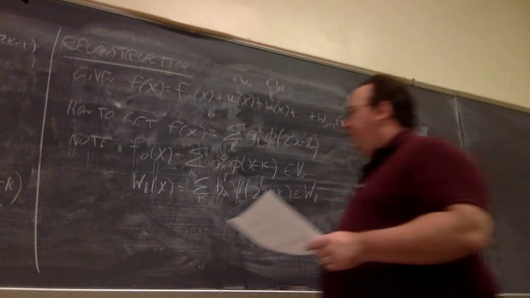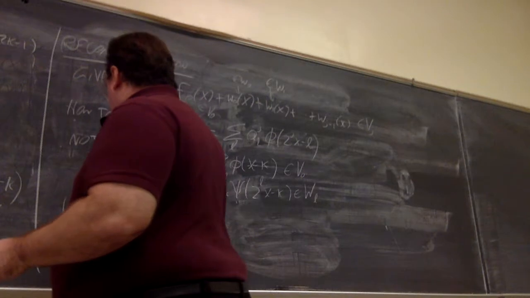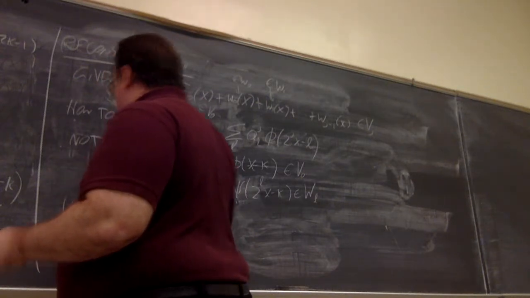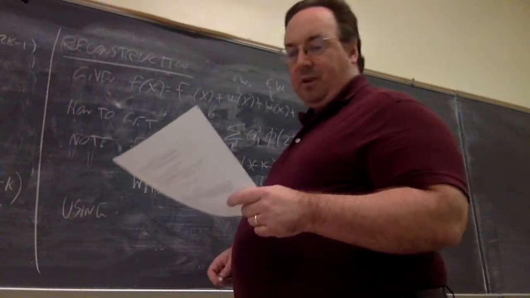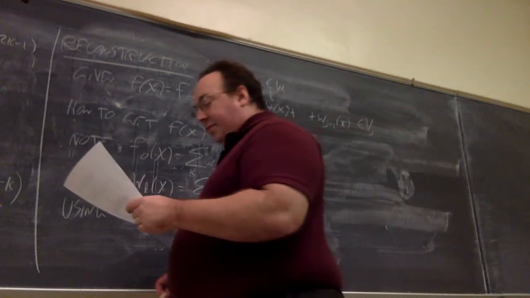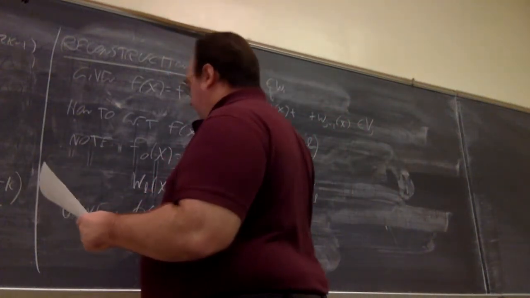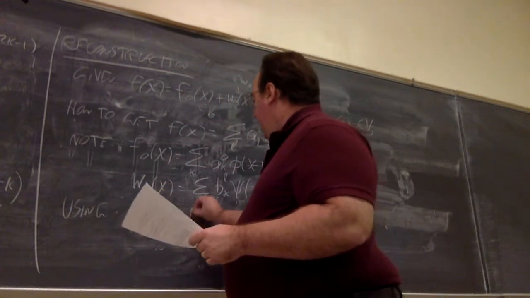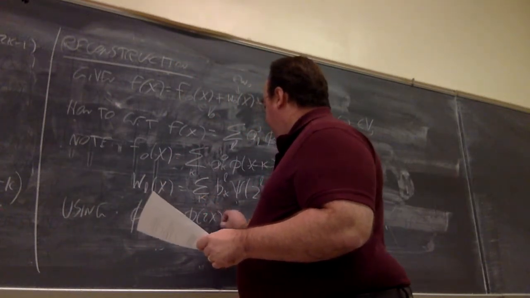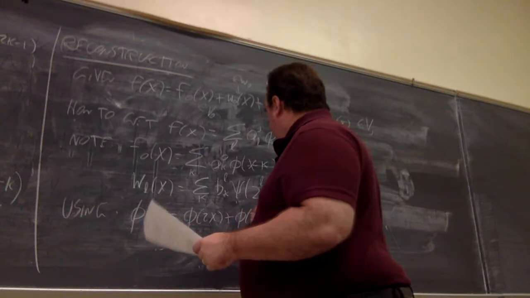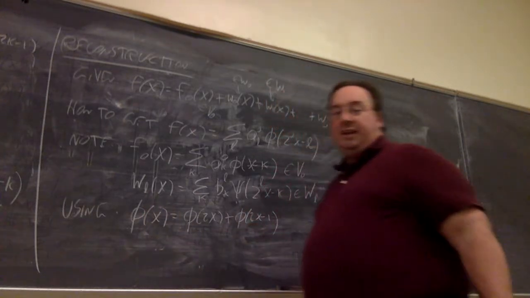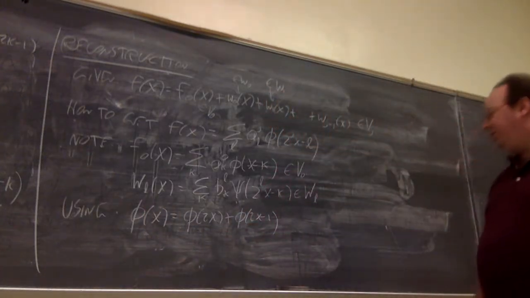What we're going to use are similar equations to what we had before for a decomposition, just going in reverse. So I can write the scaling function as a sum of scaling functions at the next finest level. And again, this is easiest to see using graphs.